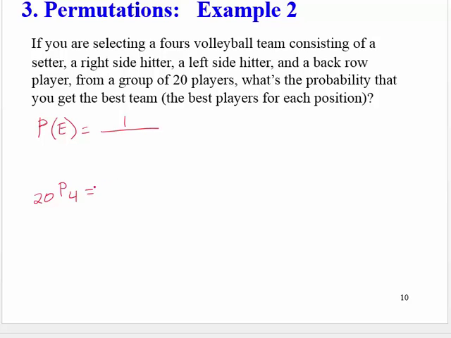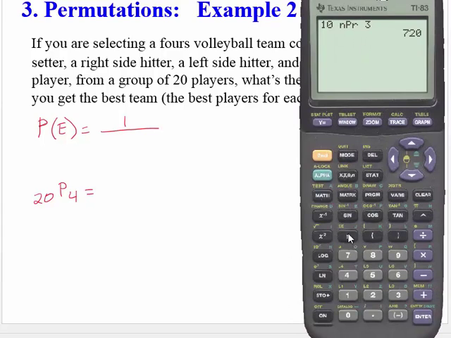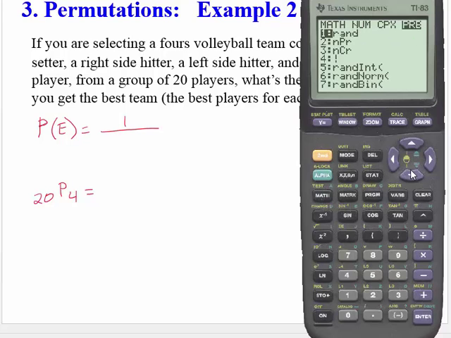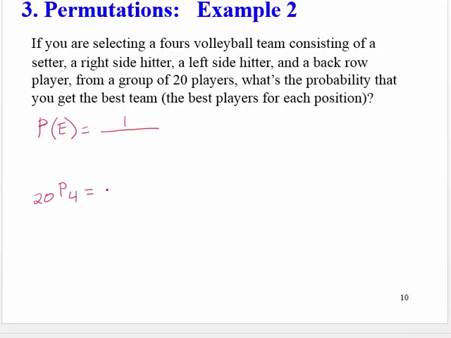And that's equal to, let's bring our calculator in. So we type in 20 math probability and 4, enter, and we get this number here. 116,280.